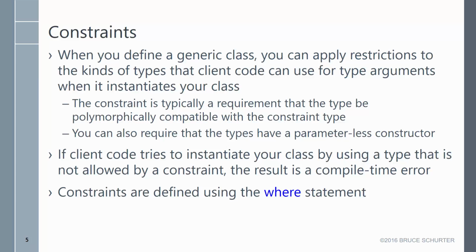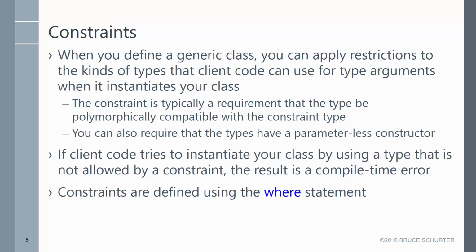Now what this means is it allows you to say that your particular generic class can only use objects of a given type. So if we had, for instance, a base class called Person, and we have a couple of derivatives, one called Student, one called Employee, one called Teacher, then we can constrain our generic class to be of type Person.